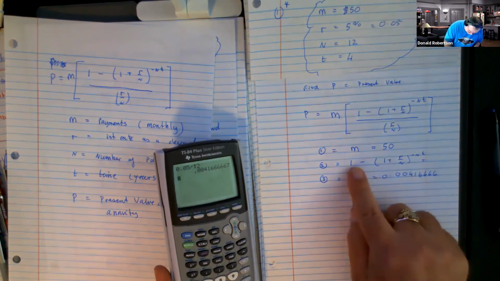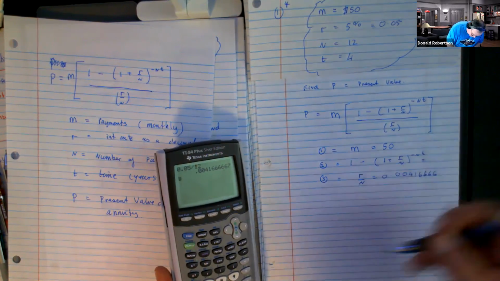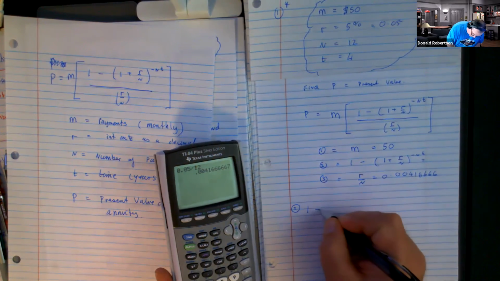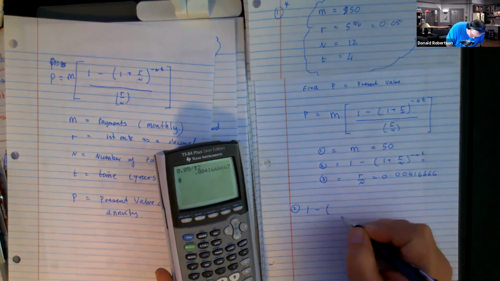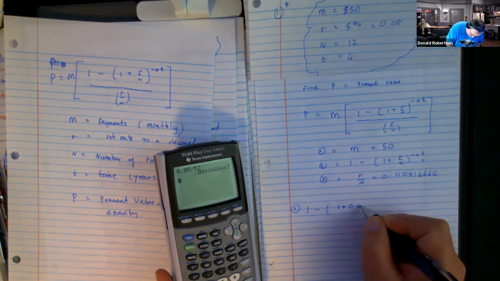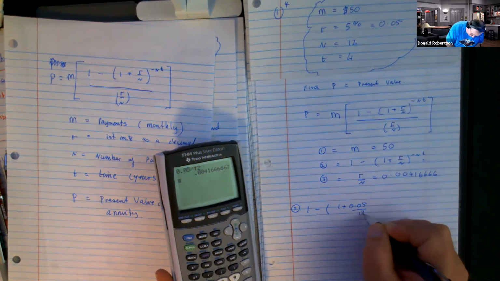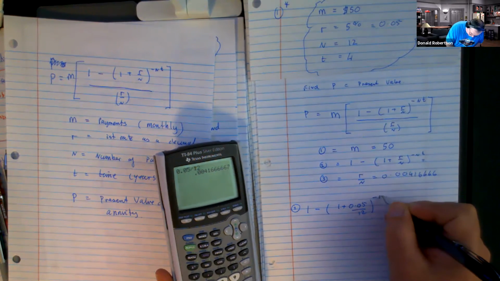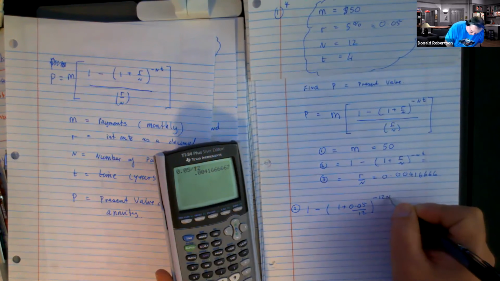So I'm now going to try and do number 2: 1 take away bracket, 1 plus the interest rate divided by 12, raised to the power of negative 12 times 4.